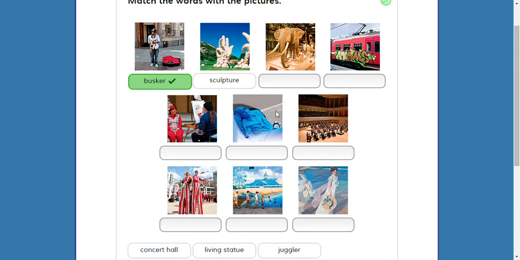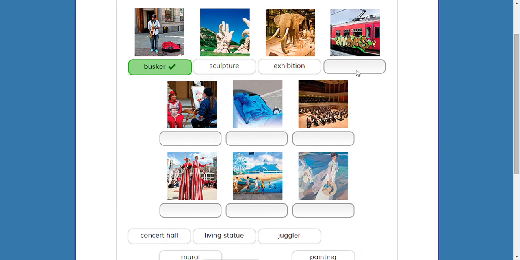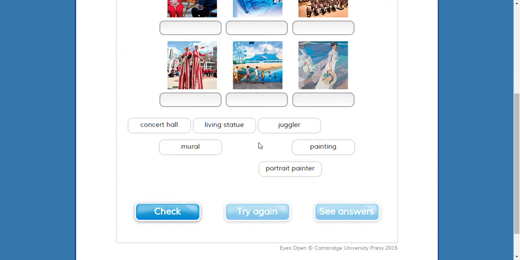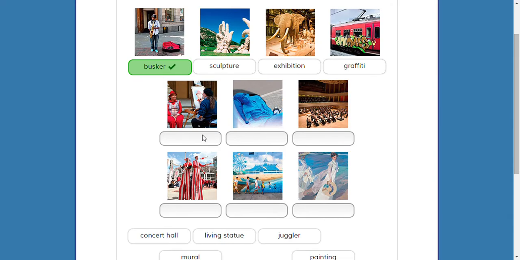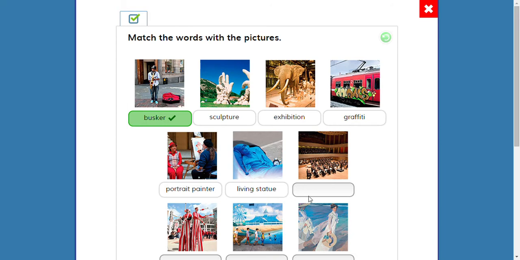What about this? A graffiti. A person who is creating or making a portrait. A portrait painter. This person is like sleeping, doesn't move. Living statue. Okay, living statue.